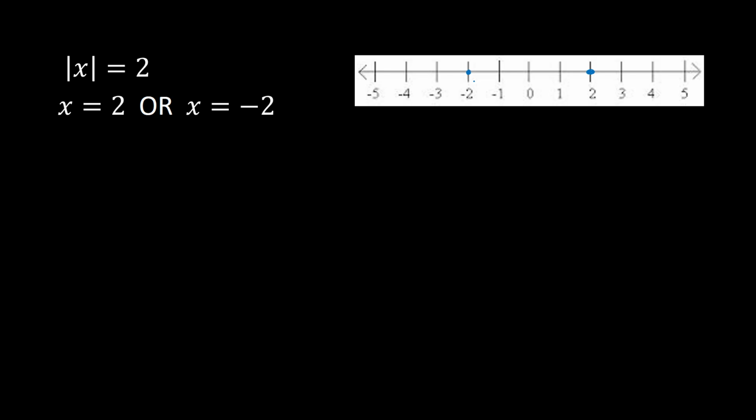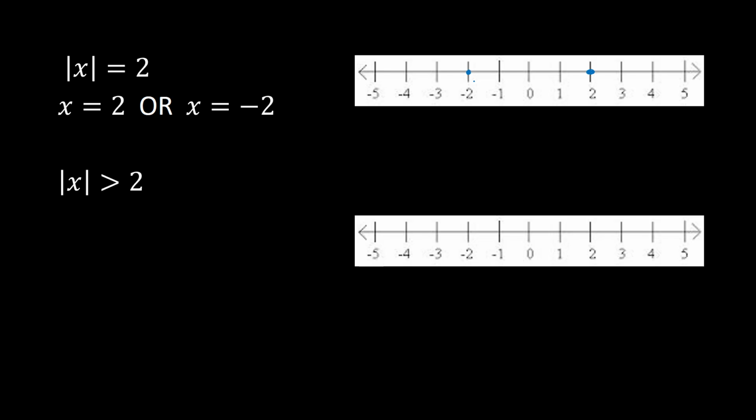So let's move on to inequalities. Here we have the absolute value of x is greater than 2. Or another way of thinking of this is, what number or set of numbers are more than 2 away from 0? So looking at the second number line, we're going to shade in every possible solution, everything that has a distance greater than 2.